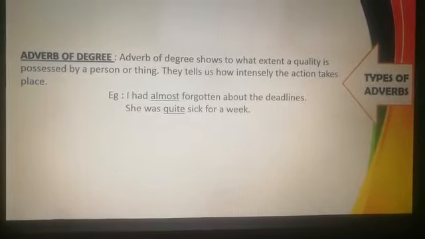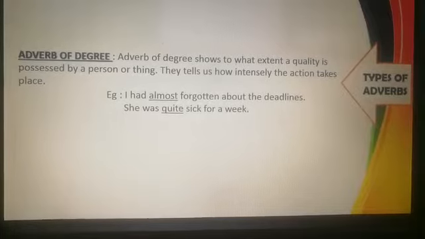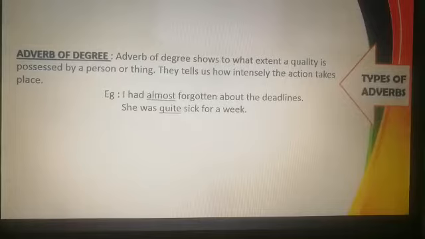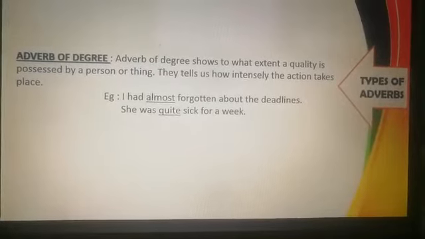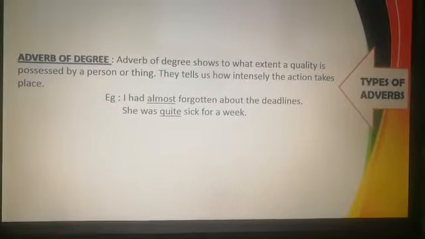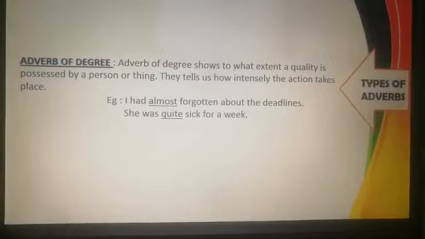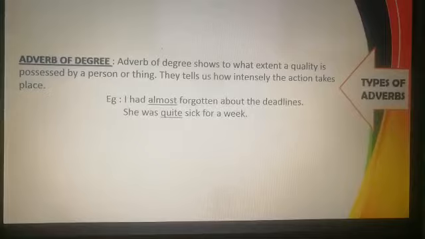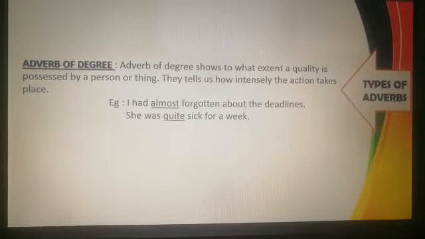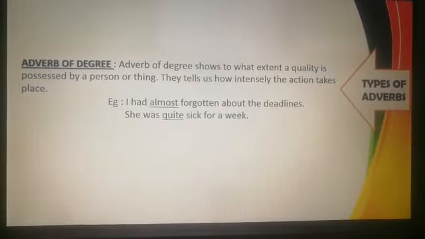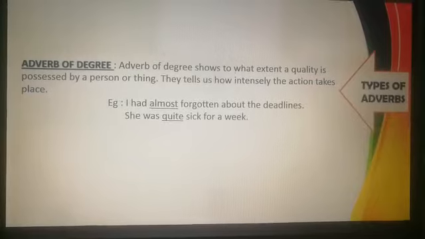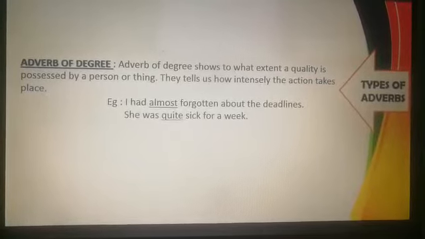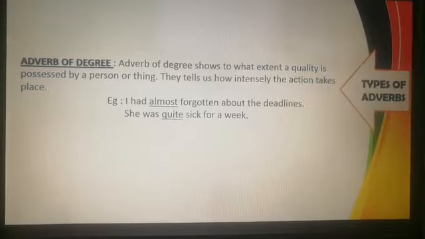For example, I had almost forgotten about the deadlines. She was quite sick for a week.